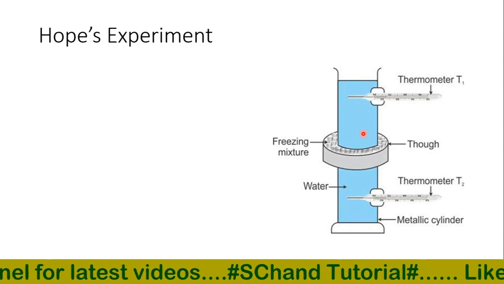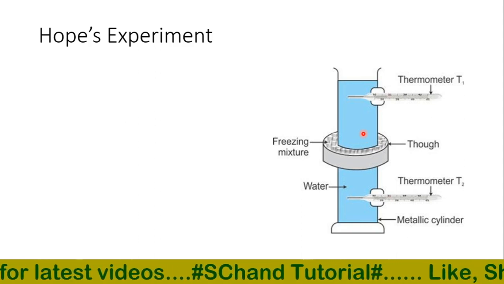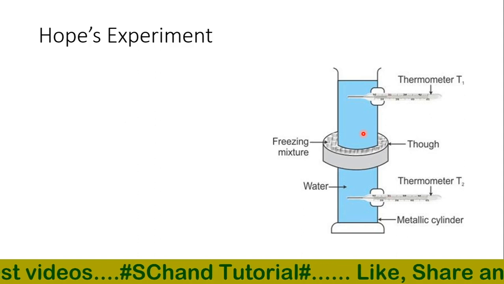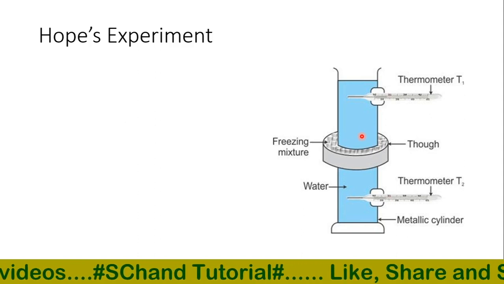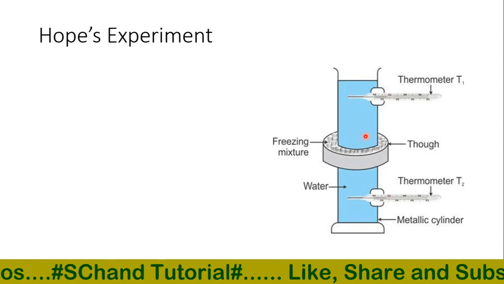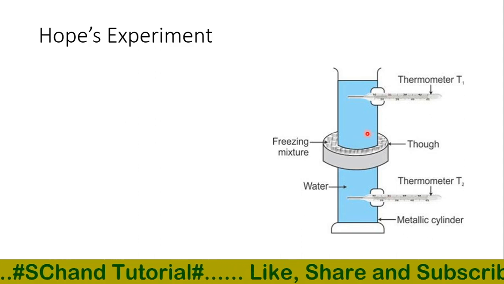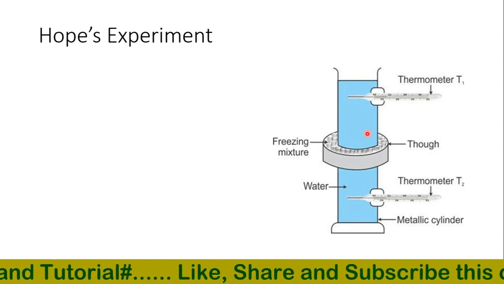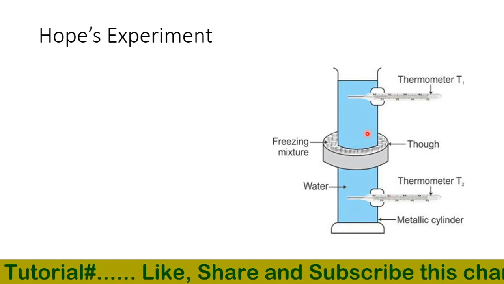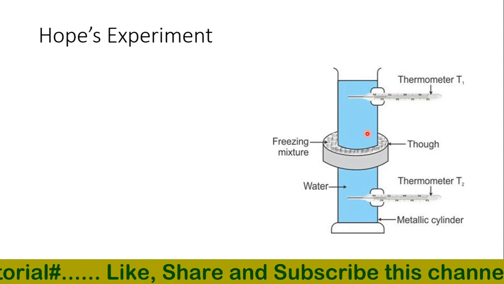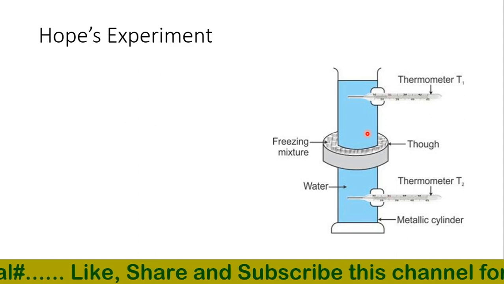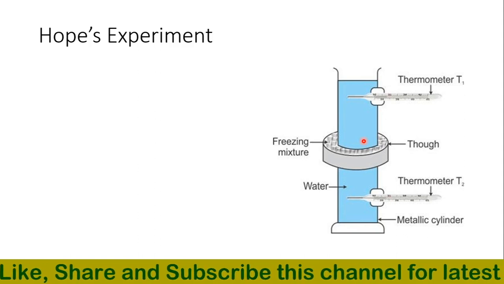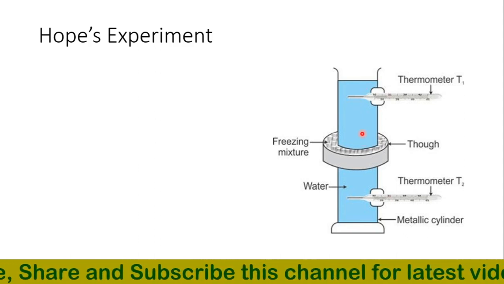When it goes below 4 degrees Celsius, the volume of this water starts increasing. When the volume starts increasing, it means it is cooling below 4 degrees Celsius. When the volume increases, the density of the water decreases and it becomes lighter, so it starts moving up.